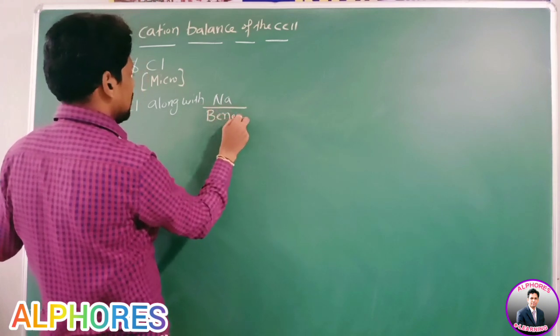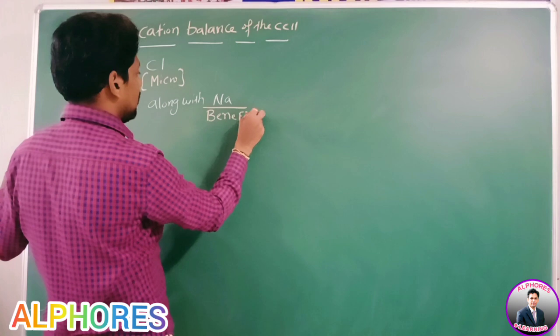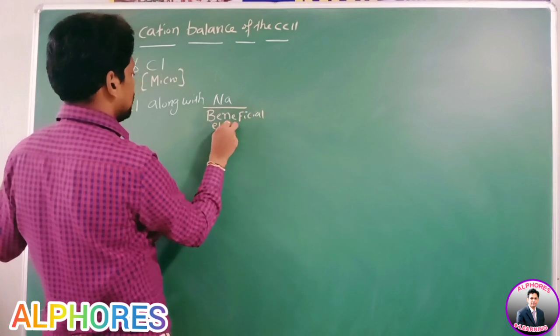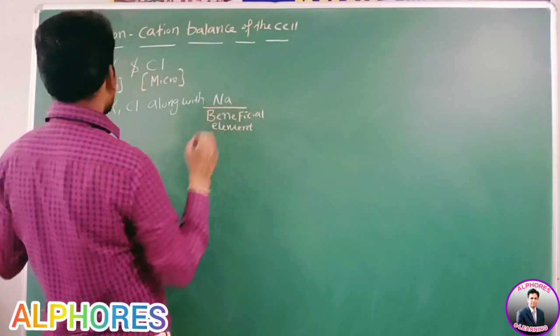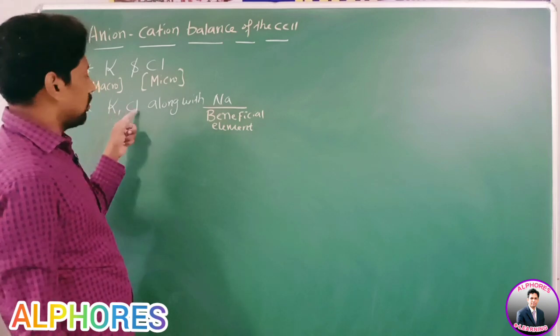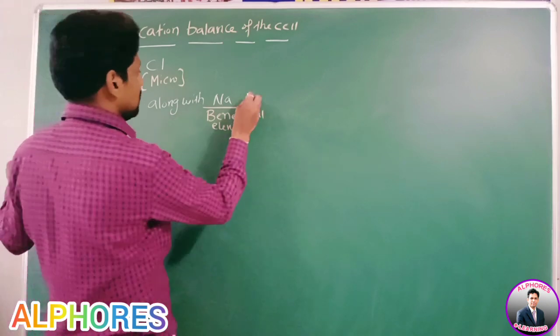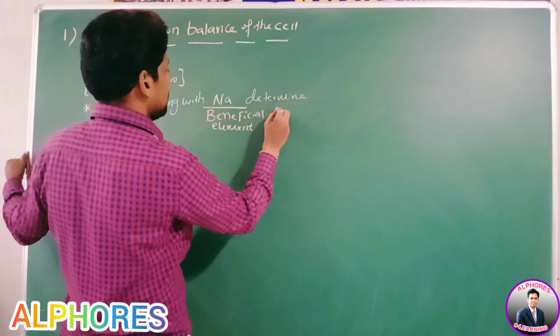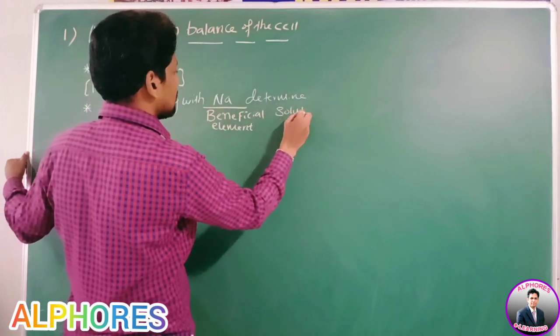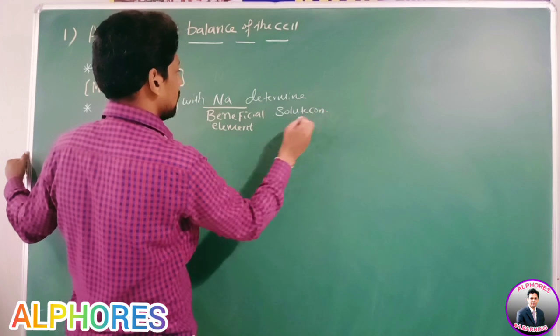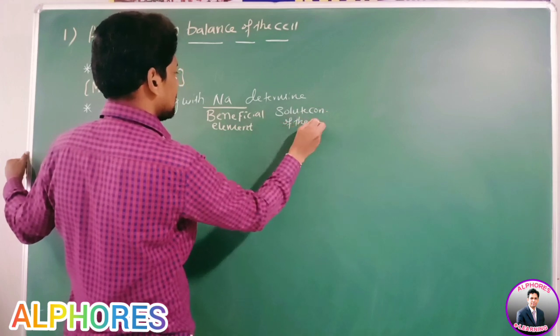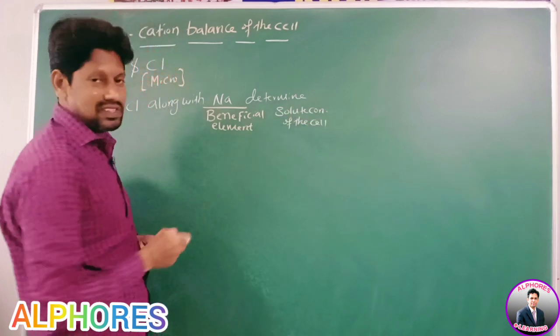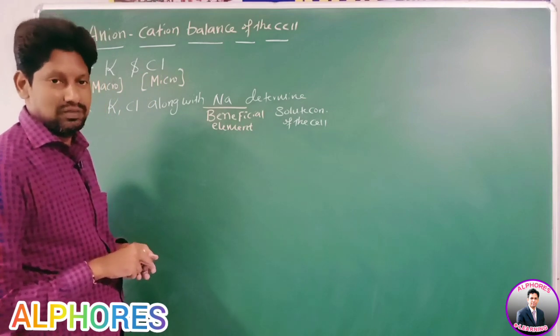It is a beneficial element. Therefore, potassium and chlorine along with sodium determine the solute concentration of the cell.